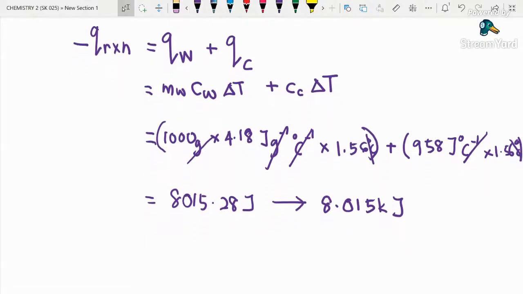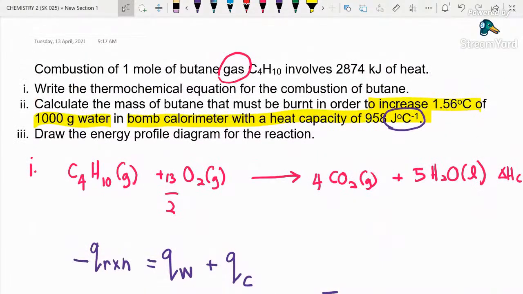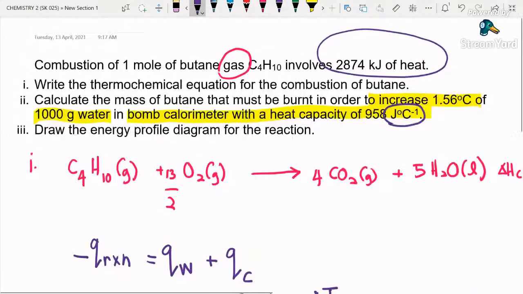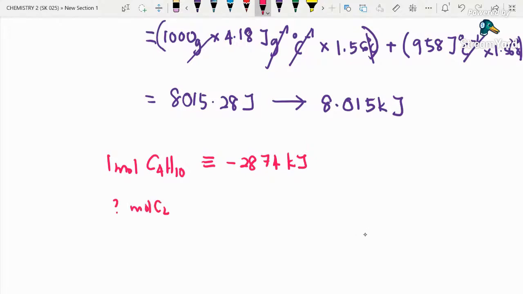So it is given in the question, the enthalpy of combustion. We want to know the mass, and we write 1 mole of butane combusted releases 2874 kilojoule. How many moles of butane release 8.015 kilojoule?